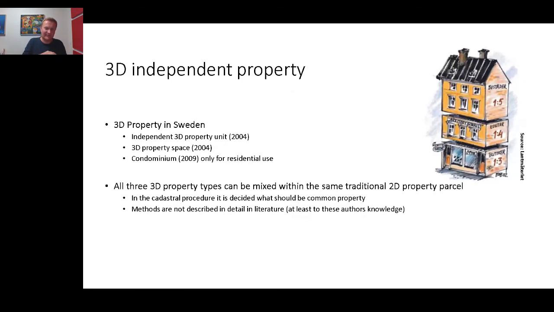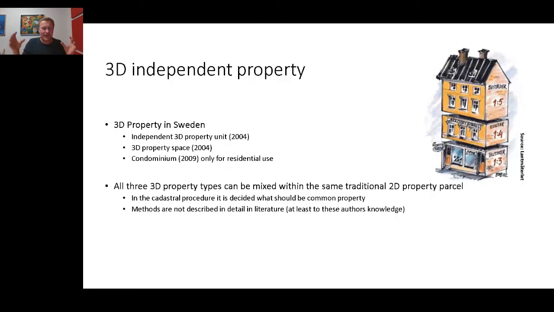So comparing the traditional condominium system and this more modern 3D independent system in Sweden, if you see the building on the slide, if we take the Danish system, you will have each part of the building be one type of condominium, whereas in the Swedish case, you will have an independent property at the street level, the shops, and then in the mid layer, you will have another independent 3D property, and then you will probably have the condominium property in the top floors.